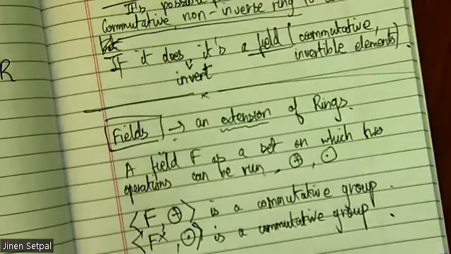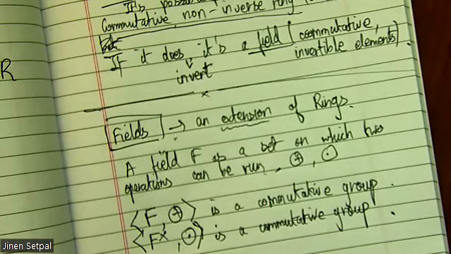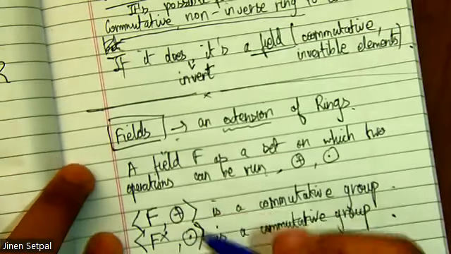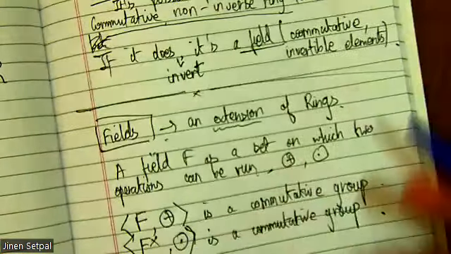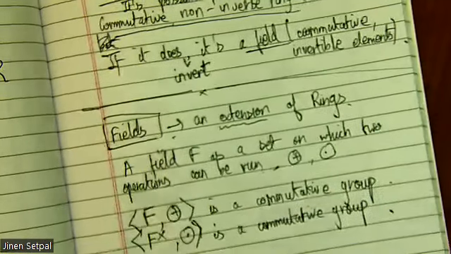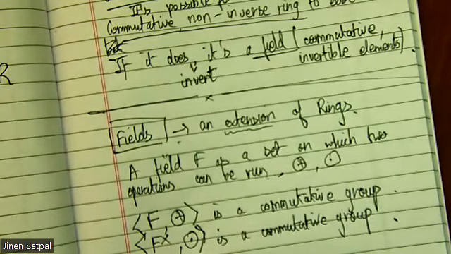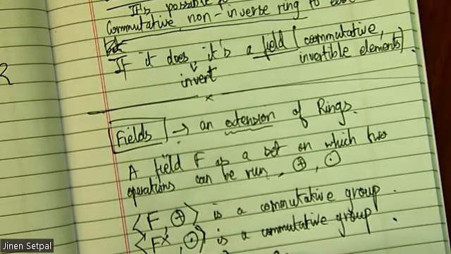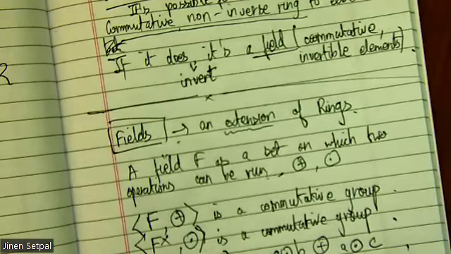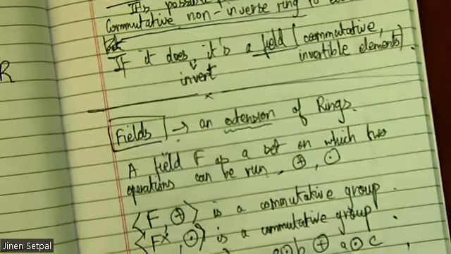These properties within the field, or these two operations within the field as well as the ring, are linked together by the distributive property, which basically states that A dot (B plus C) is the expansion for this, and that is the distributive property.